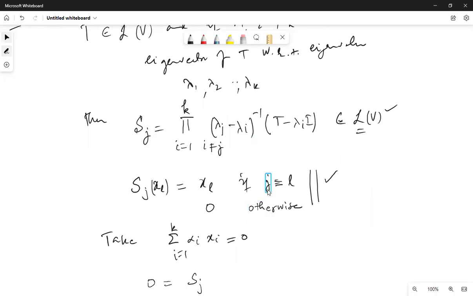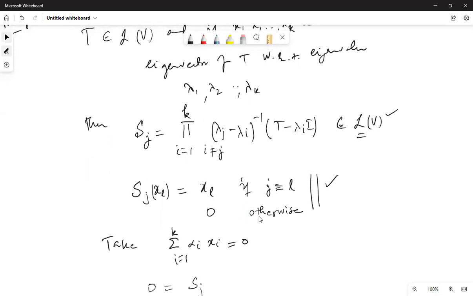If j is equal to l, then this is exactly xl, or xj. This is 0 otherwise.